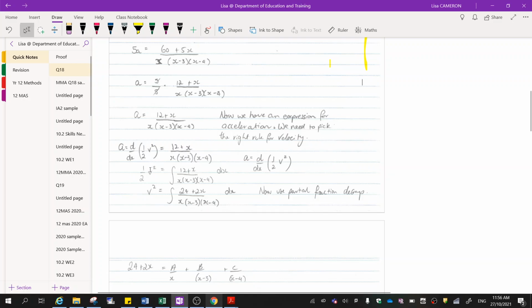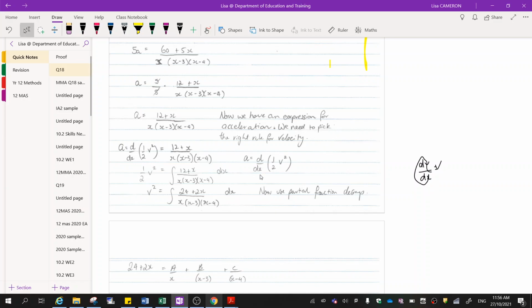The other one that could possibly look appealing at this point is the one that looks like dv over dx is, and then v there. If I take this to the other side to make this side the integral, then I'm left with the v here and the v there. It just doesn't work. So that's why we end up with this one.